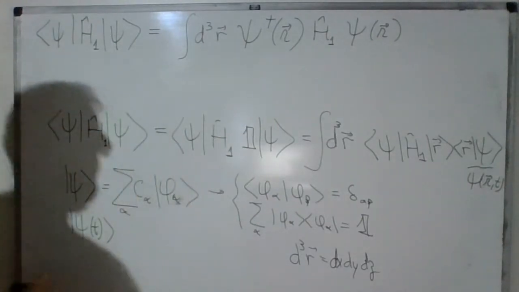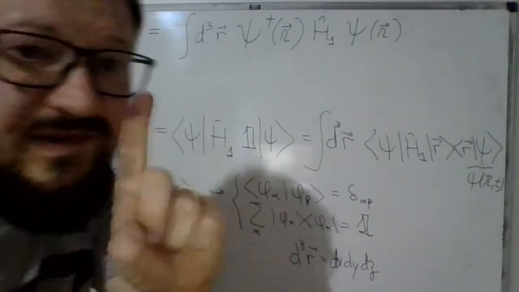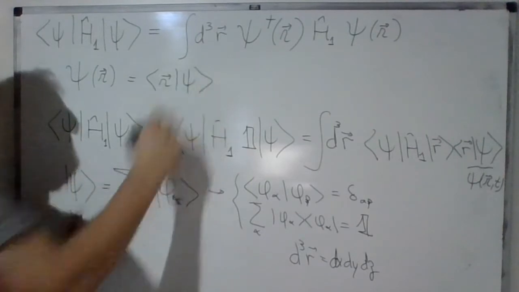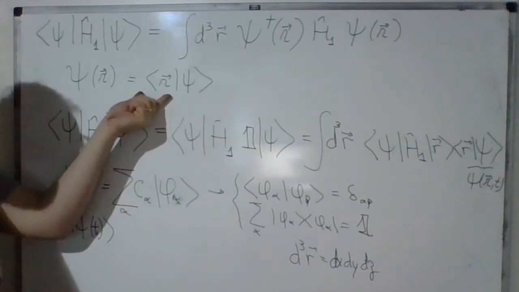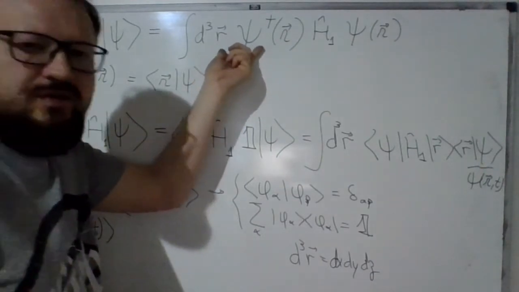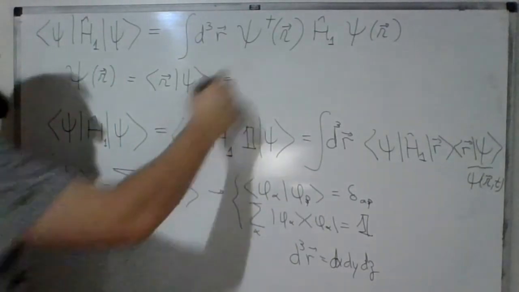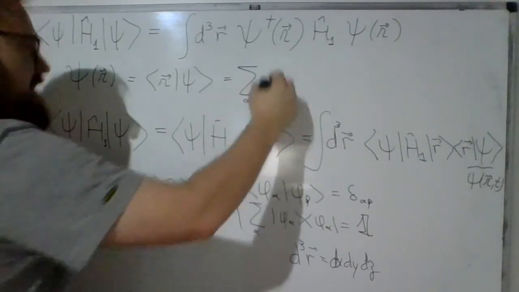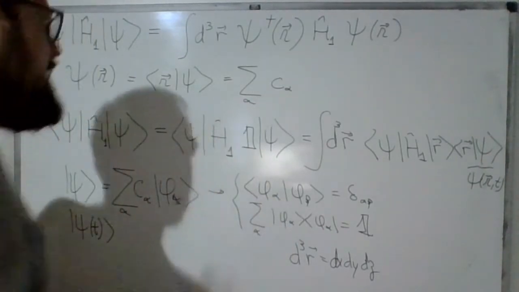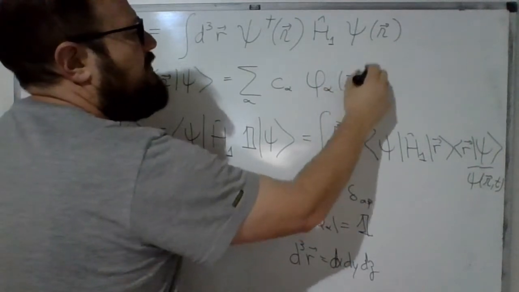So notice the following. Our psi of R is just, in first quantization, the projection of our ket state onto the basis of position. Of course, this is the transpose conjugated of this object here, but this is just the summation over alpha of C alpha, which is a complex number, times a phi alpha depending on the position and time.